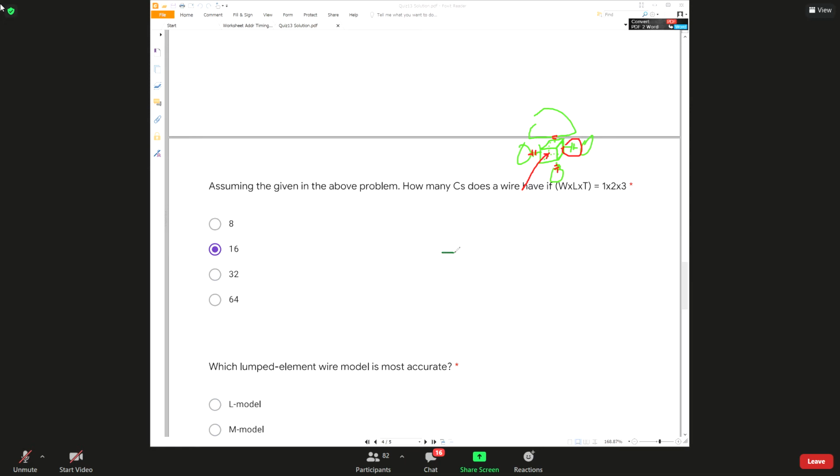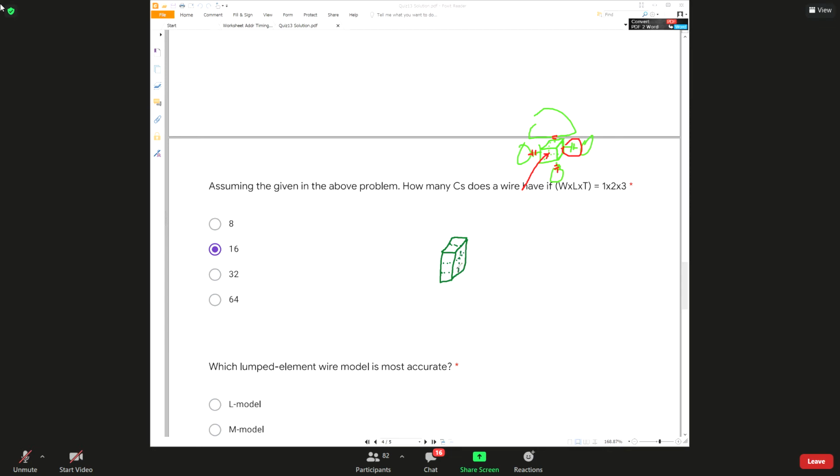It's 1 unit in width and 2 units in length. I'm going to try to draw it as proportionally as I can. And then it's 3 units tall. There you go. If you can imagine this 3-dimensional looking little piece.